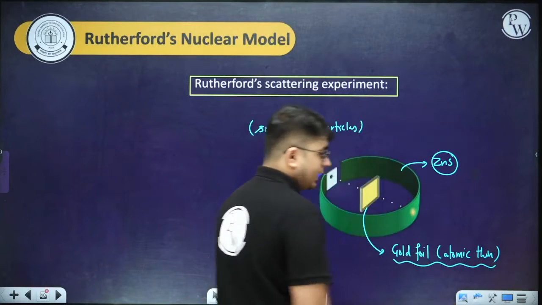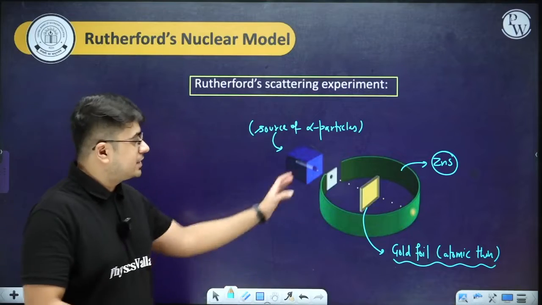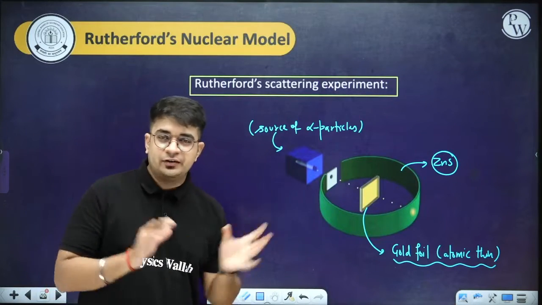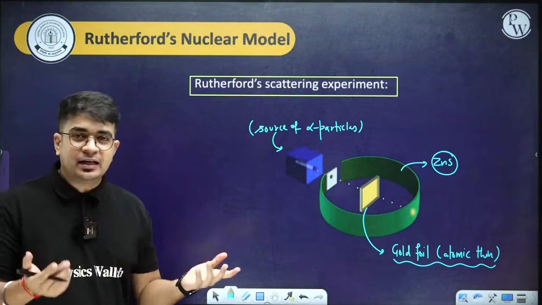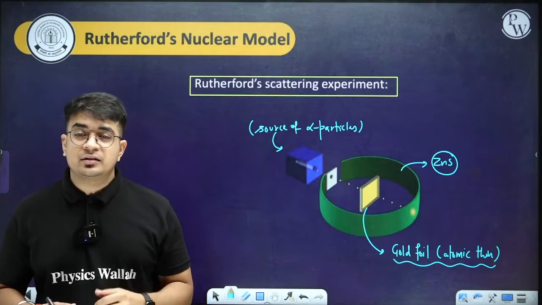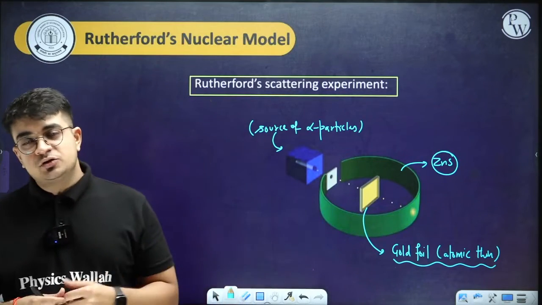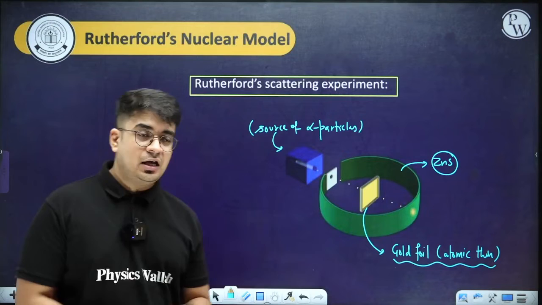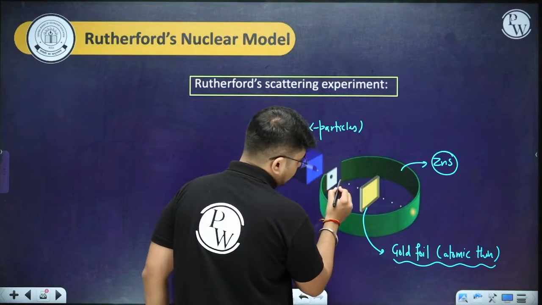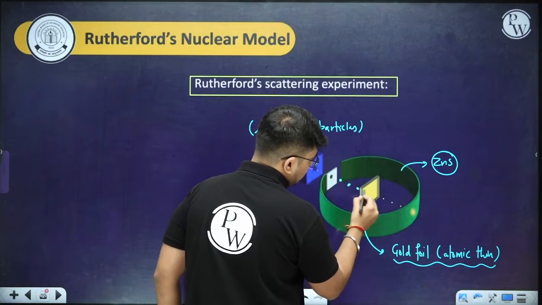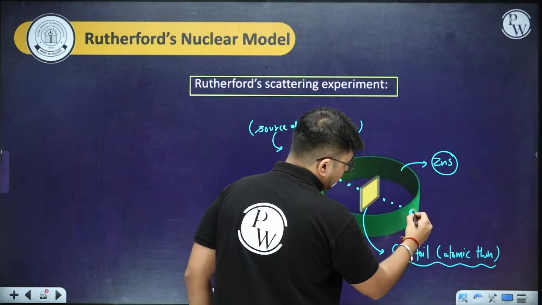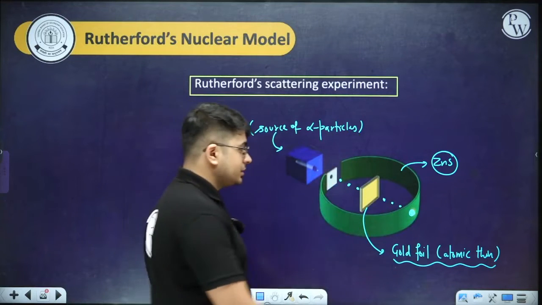Now it was time to start the experiment. The entire setup was ready, and he was also ready. He was thinking that if these positively charged particles bombard the atomic thin gold foil, he would definitely expect some deviations. But when the experiment started, most of the particles showed scintillation at this point only, which means there was no deviation.